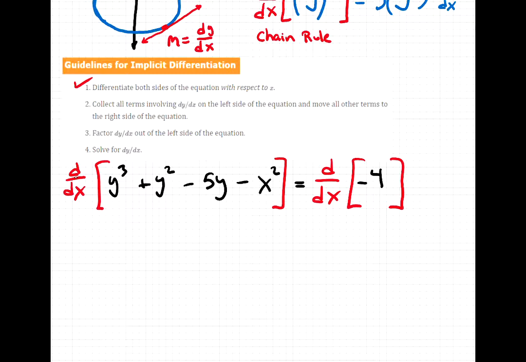All right, so we'll apply the derivative term by term. So the derivative of y cubed we just saw is 3y squared times dy over dx.